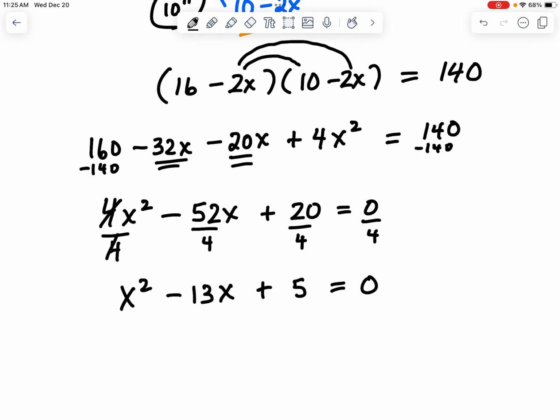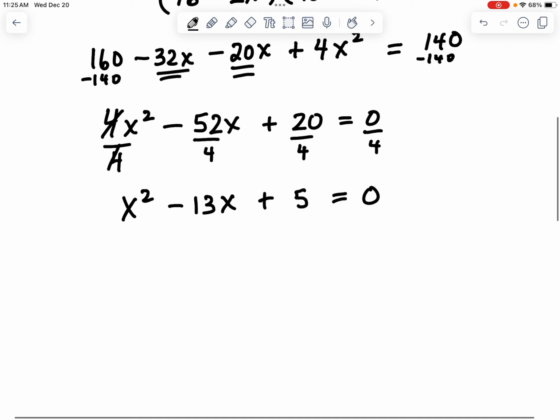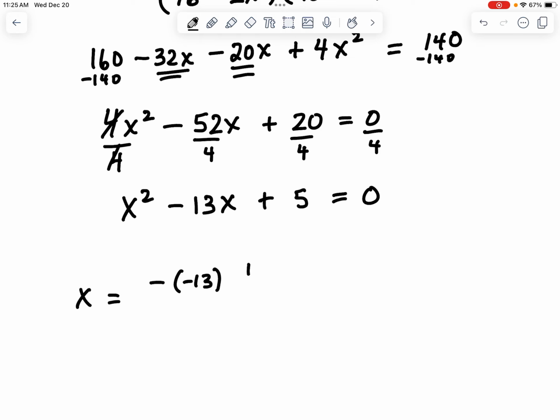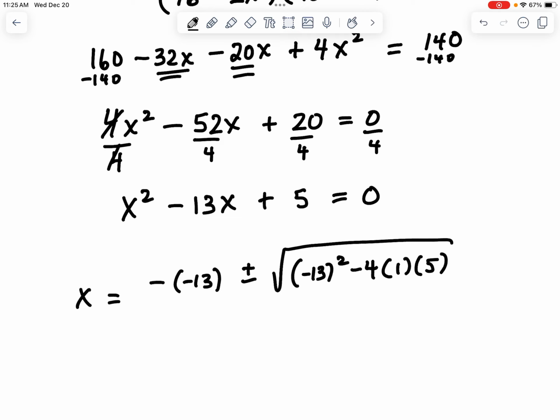Okay, now for the quadratic formula. So negative b plus or minus the square root, then the b gets squared minus 4 times the a and times the c. And it gets divided by 2a.